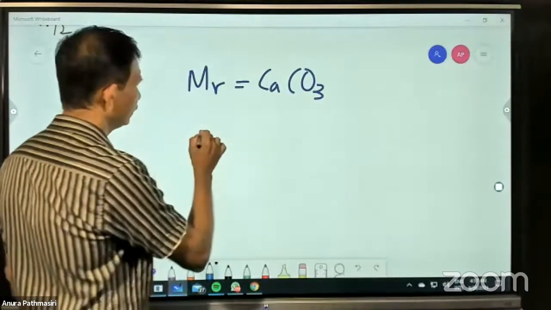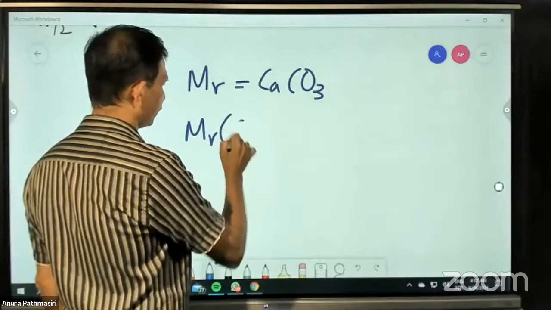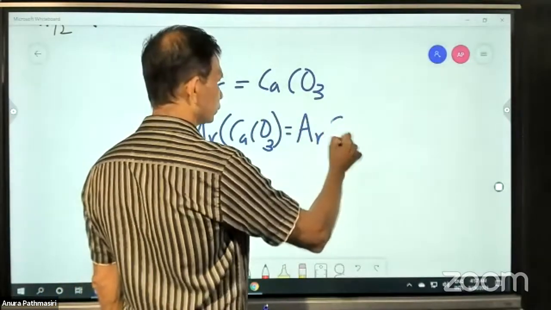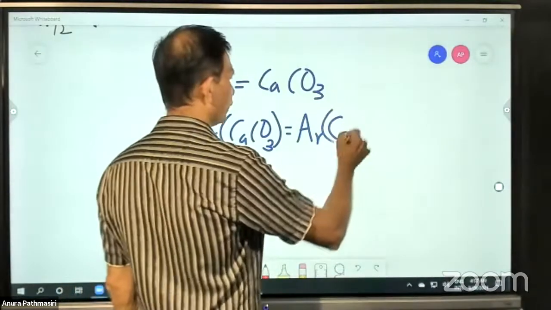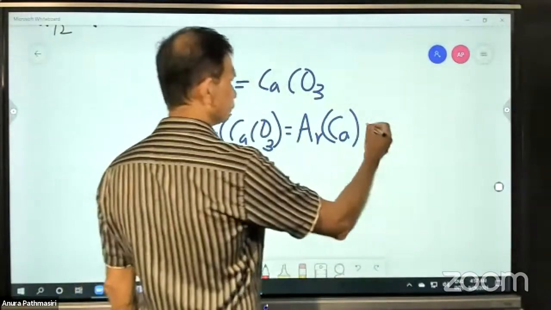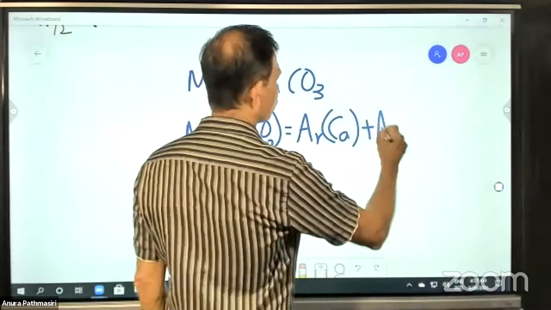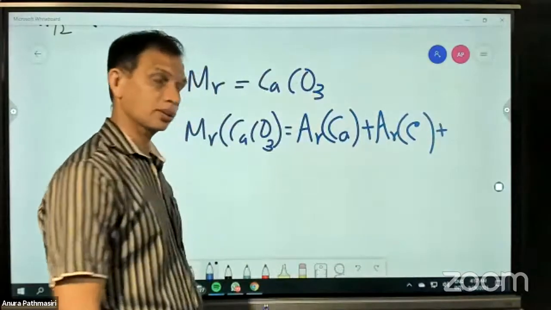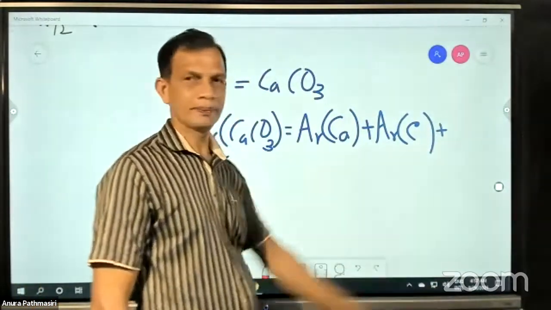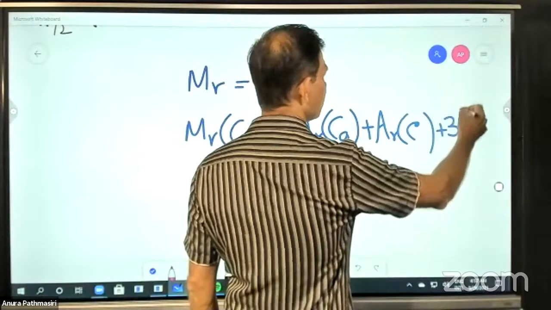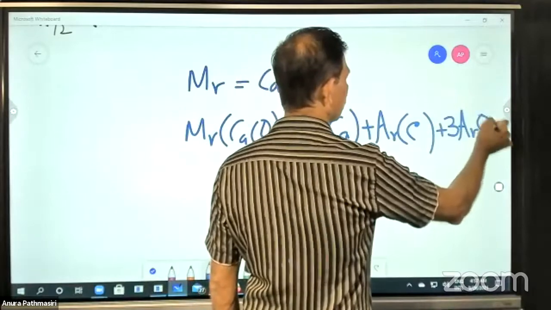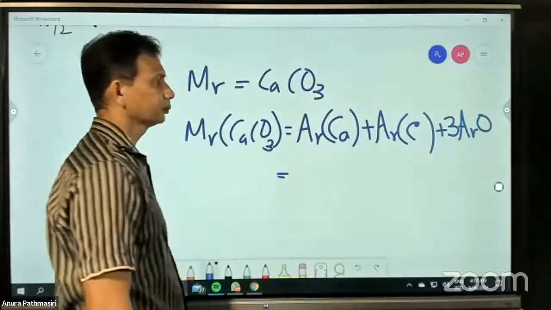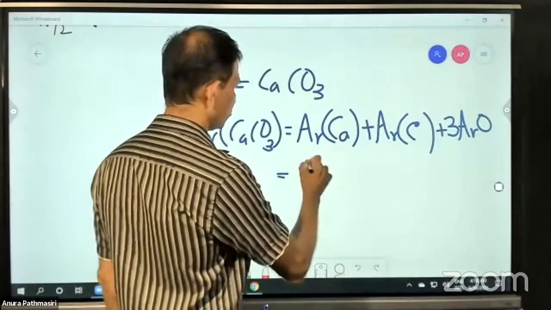I can write this: Mr of calcium carbonate is equal to Ar of calcium, the relative atomic mass of calcium, plus Ar of carbon, plus 3 times Ar of oxygen, because there are 3 oxygen atoms.